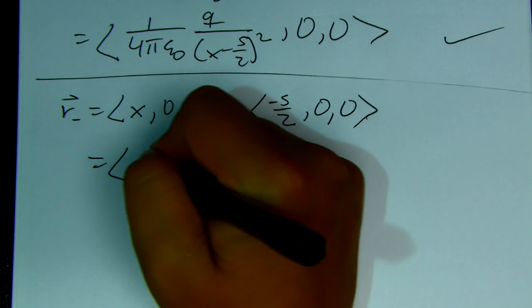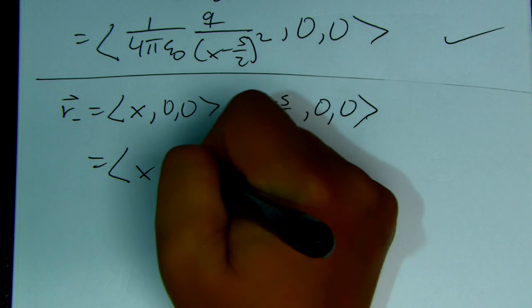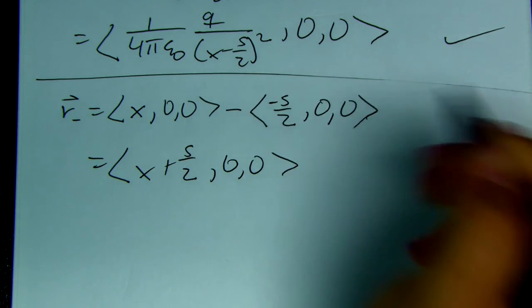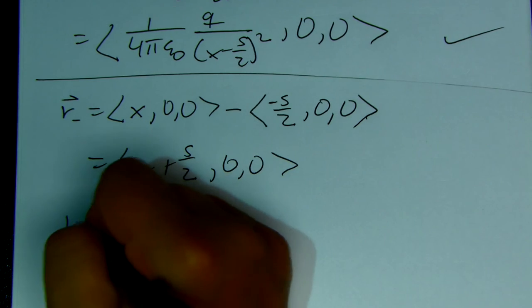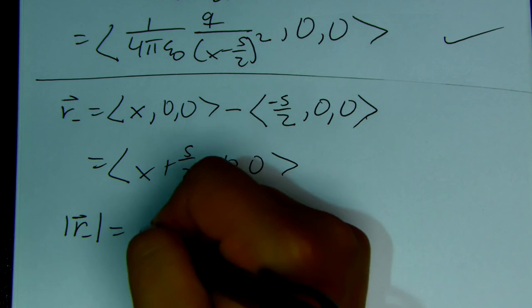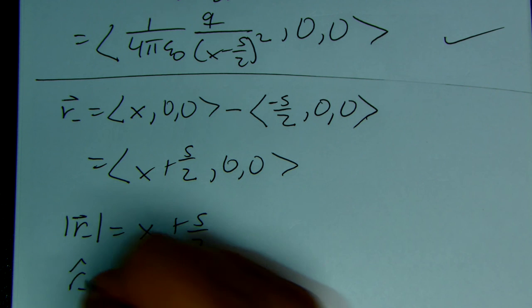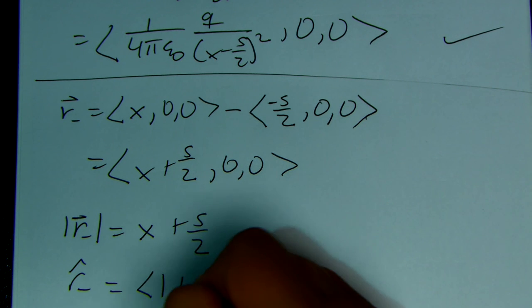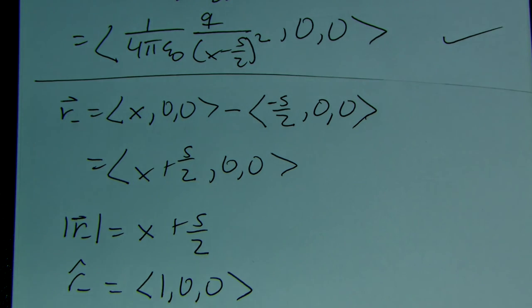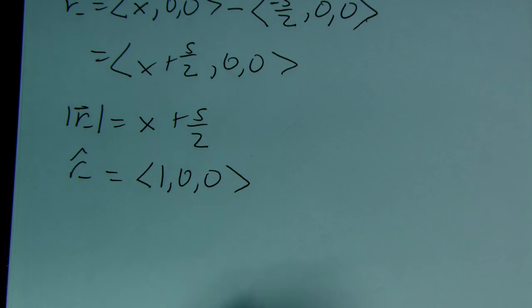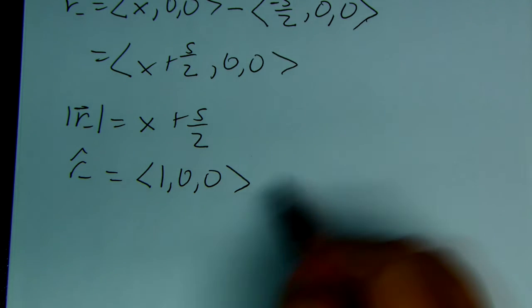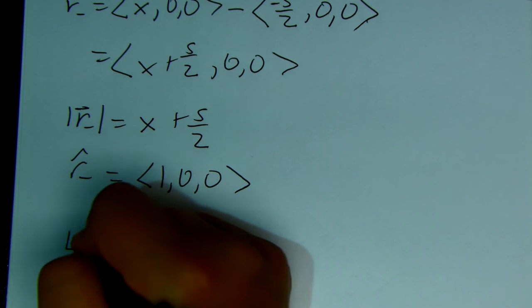And so this is equal to x plus s over 2, 0, 0. And then the magnitude of r minus is just going to be x plus s over 2. And r hat minus is going to be 1, 0, 0, with the minus sign in this case coming from the negative charge, not the unit vector itself.